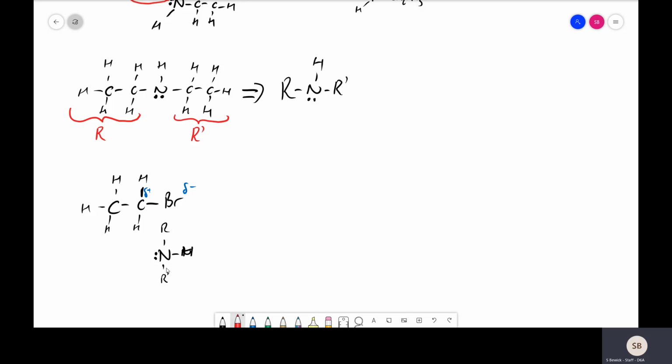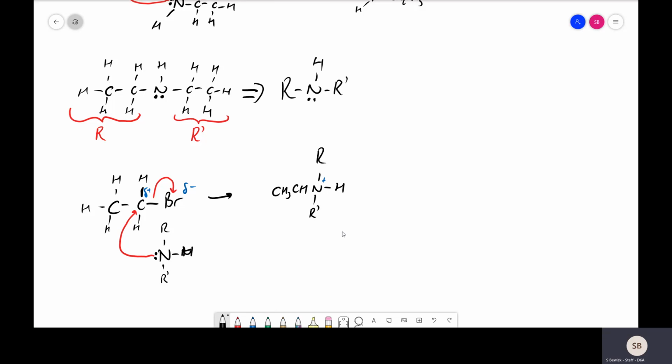So this diethylamine, which I'm now just drawing as this, still got a lone pair on the nitrogen. It can still act as a nucleophile. It can still attack that carbon. The carbon halogen bond will break. Now we're going to end up with the CH3CH2N, got an R group, got the other R group, and a hydrogen. It's going to have a plus charge on the nitrogen.